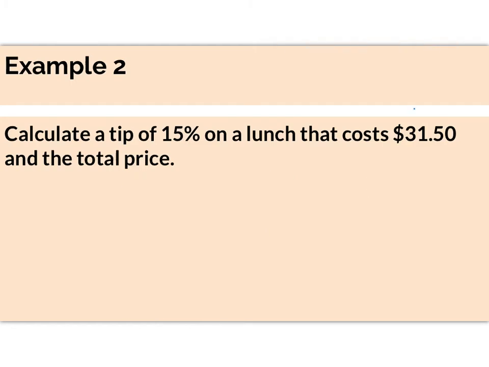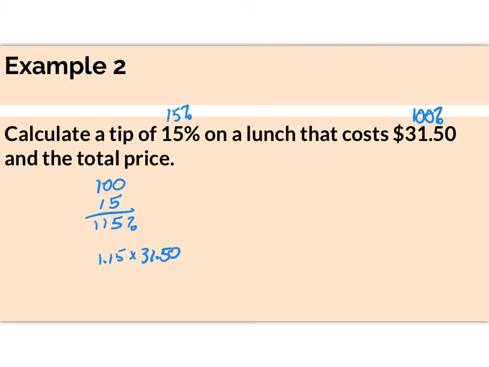let's pretend that this is 100%. And now we're adding on 15%, right? So 100 plus 15 is 115. Moving the decimal over twice, you get 1.15 times 3150.